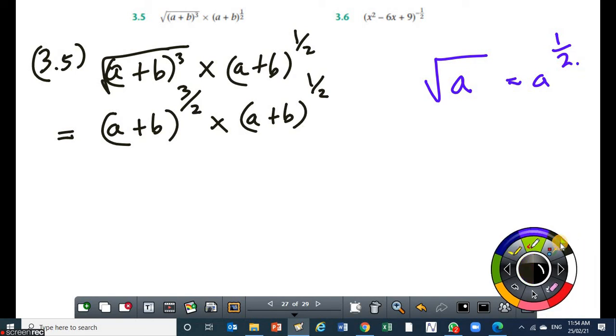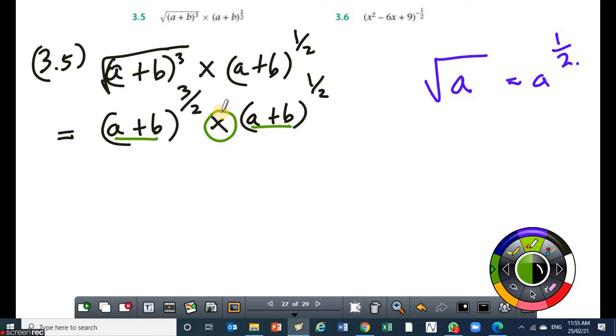Then, once you get here, it's very important for you to be aware that a plus b is a base, but it's a binomial base. A plus b and a plus b. That's a common base. Since we are multiplying common bases, it means we can add their exponents.